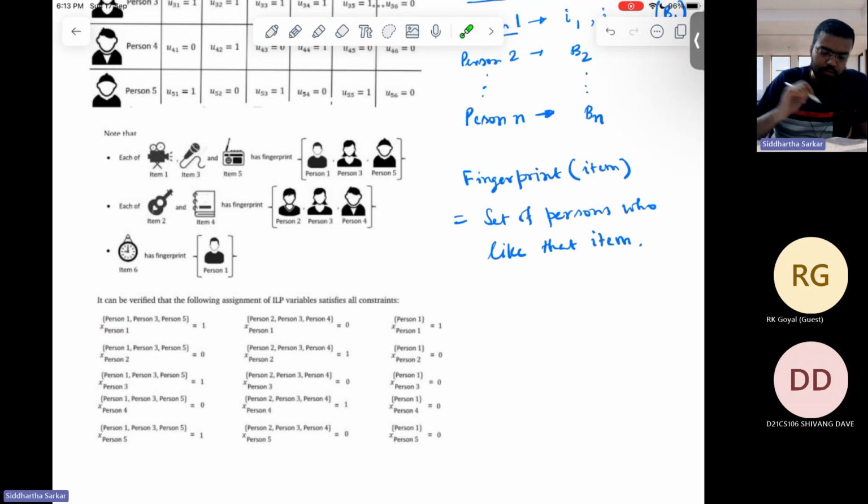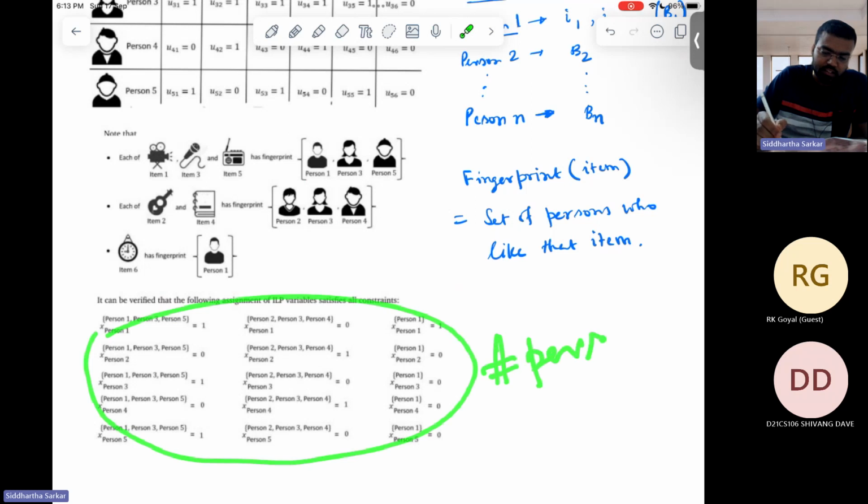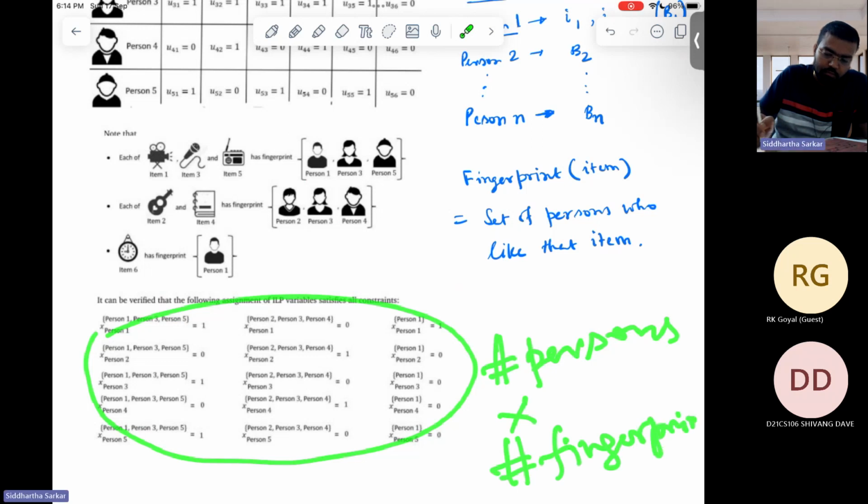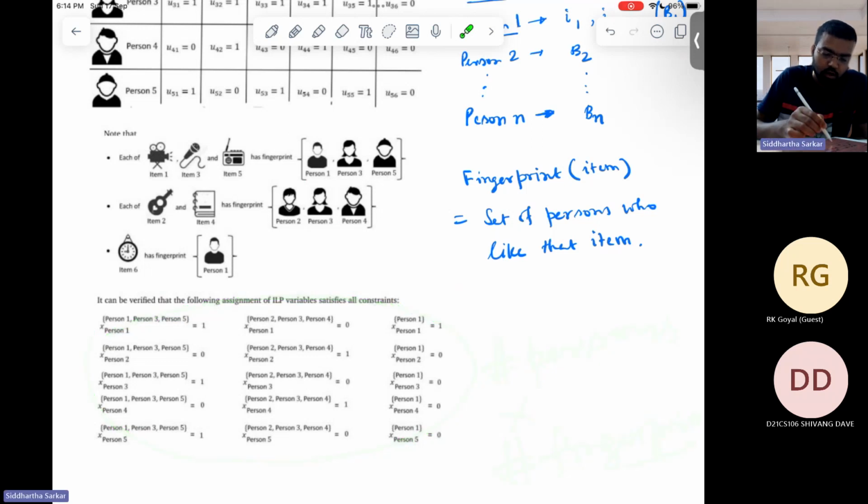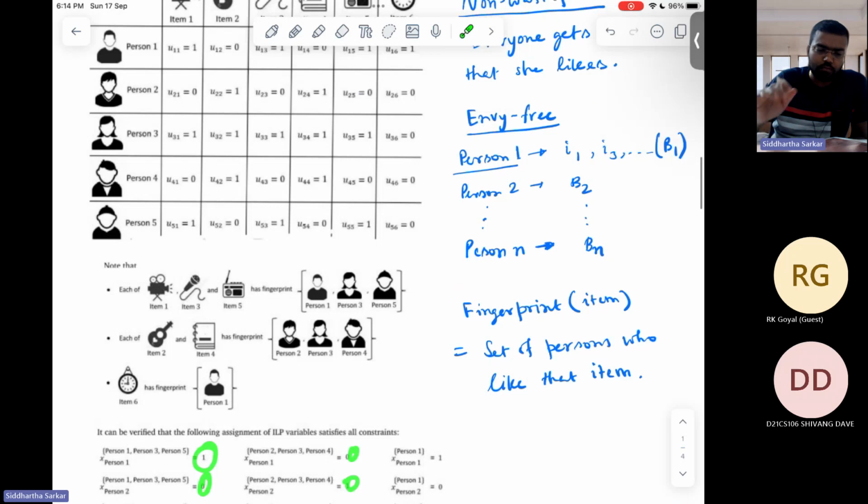So for now, just remember that the number of variables in the LP is going to be the number of persons or agents times the number of fingerprints. Corresponding to every person and fingerprint, there is a variable. Now, how these variables are assigned, we will see. Okay, fine. So this was some notation.